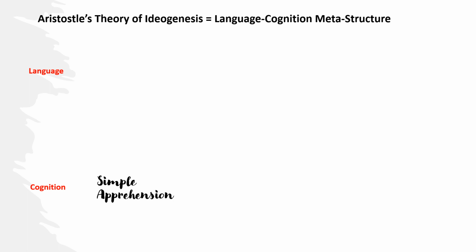Here, the mind or the intellect, by the way, to Aristotle, there are two kinds of intellect, the active and the passive intellect. In simple apprehension, the active intellect organizes everything, accepts the empirical data from sense perception, and then elevates it through the process of abstraction here above.